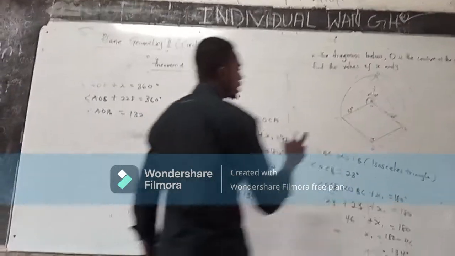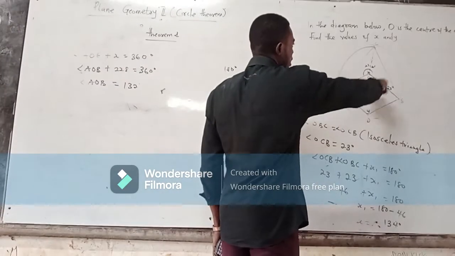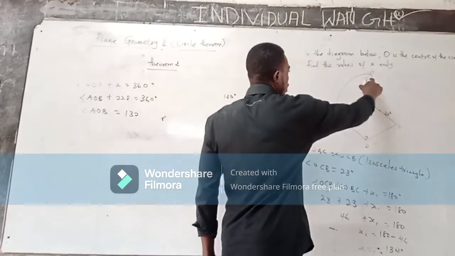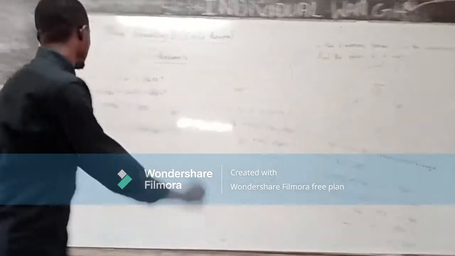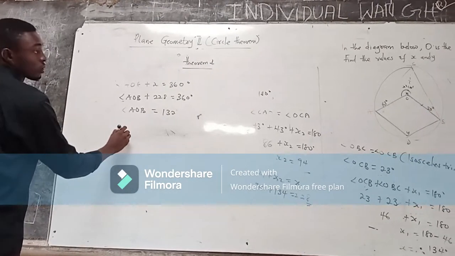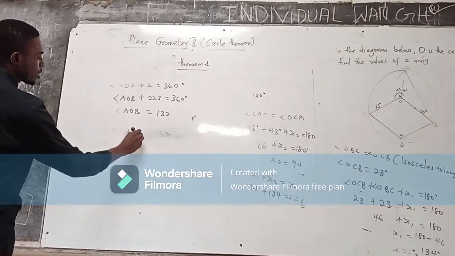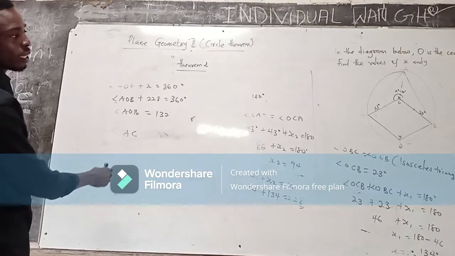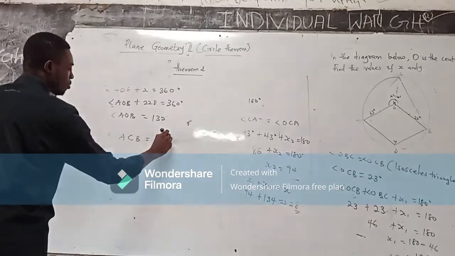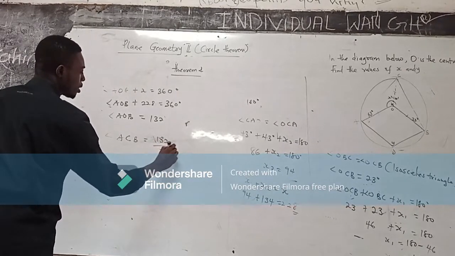We have already learned that when you divide this one into 2, you get this. So if you want to find angle ACB, you have to write 132 divided by 2.